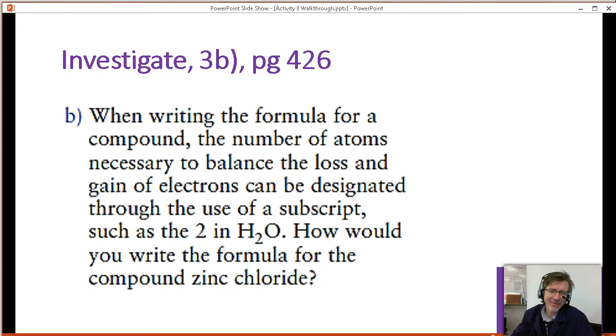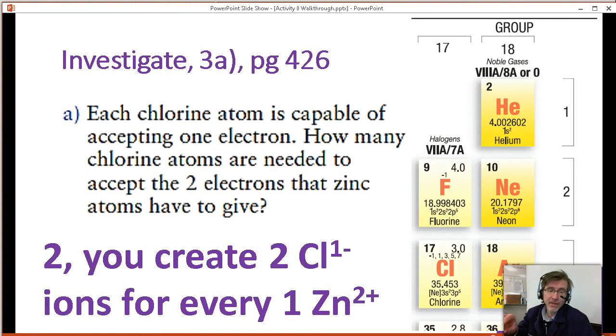We haven't talked about how H2O has given up electrons or anything, but anyway, the point is, we have 2 hydrogen atoms connected to 1 O. I don't know why yet, but that's what it is. So here we go. How would you write the formula for the compound zinc chloride? You ready? Zinc chloride. Remember, back here it was 2 chlorine for every 1 zinc. You ready?